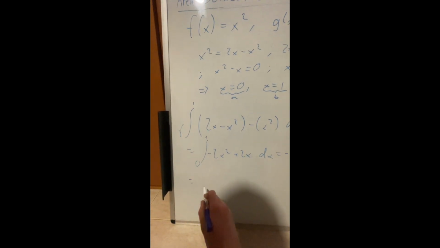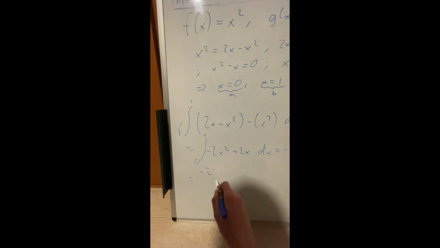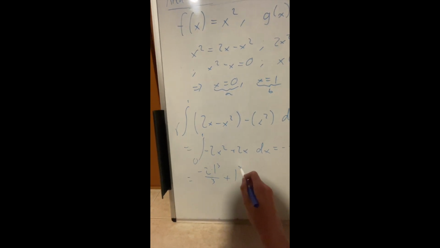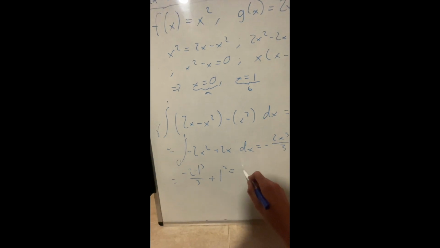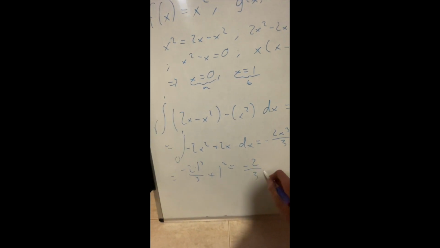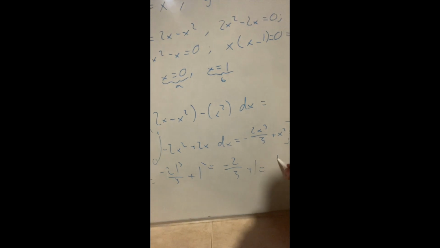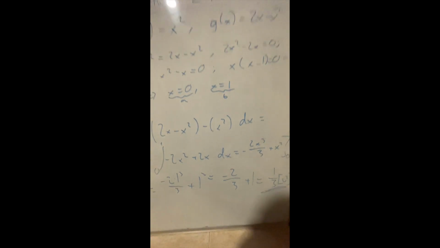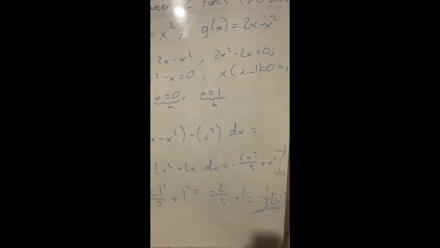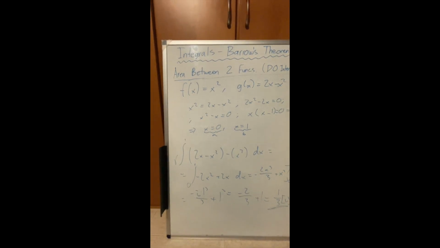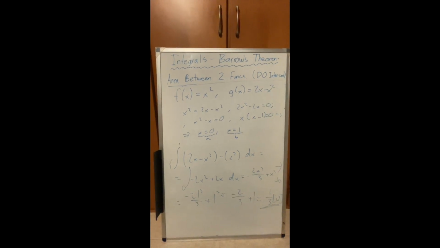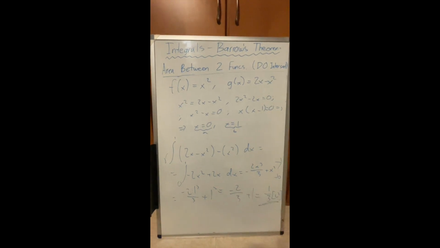And so this is going to be minus 2 times 1 over 3 plus 1, which is minus 2 over 3 plus 1, which is 1/3 unit squared. So we have that 1/3 unit squared is the area between x squared and 2x minus x squared for the points of intersection 0 and 1.